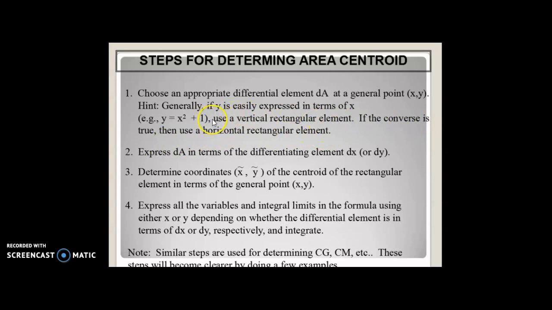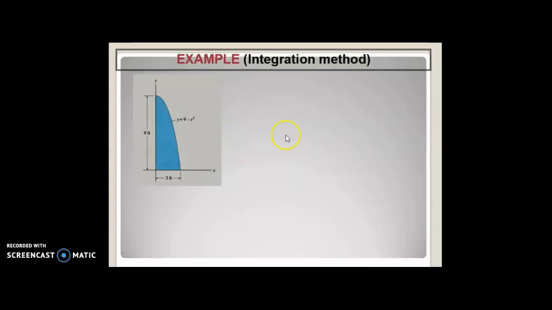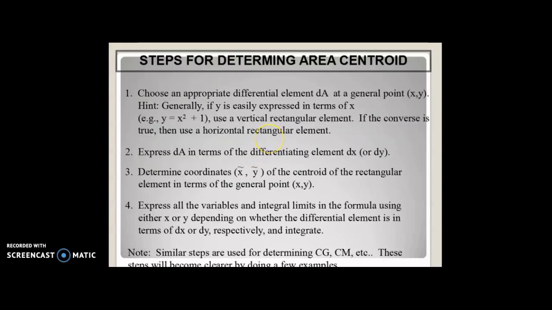Please remember that. Then the second step is to express dA in terms of the differentiating element dx or dy.